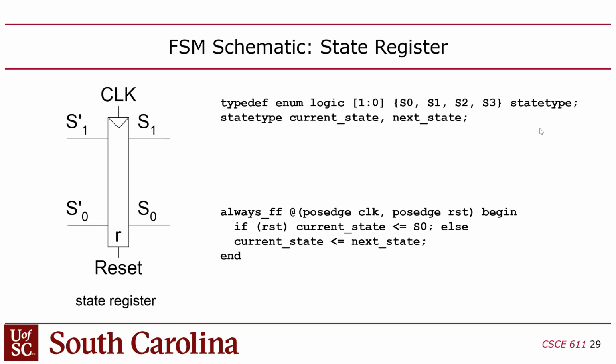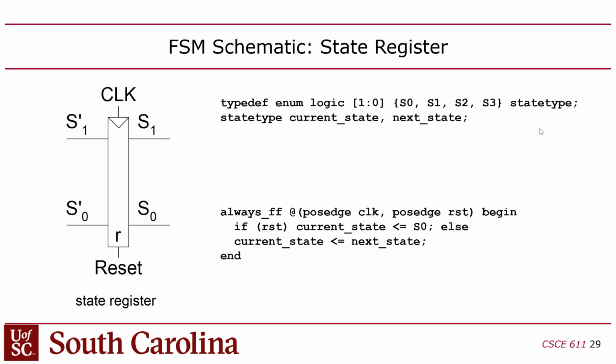So in SystemVerilog, you can start out by defining a custom data type for the states. You could have also done this for the light colors too, but I didn't do that for some reason. So I have the state type: typedef enum logic [1:0], because I have to tell it I want to allocate 2 bits for the state.